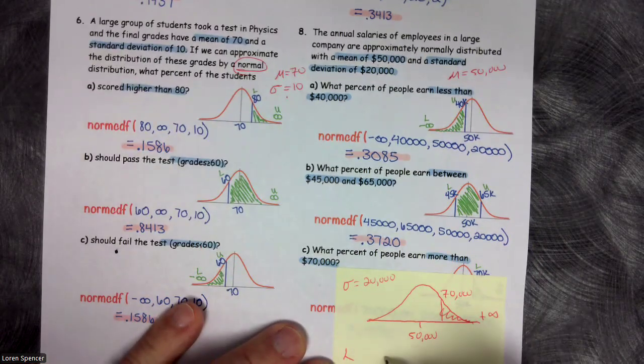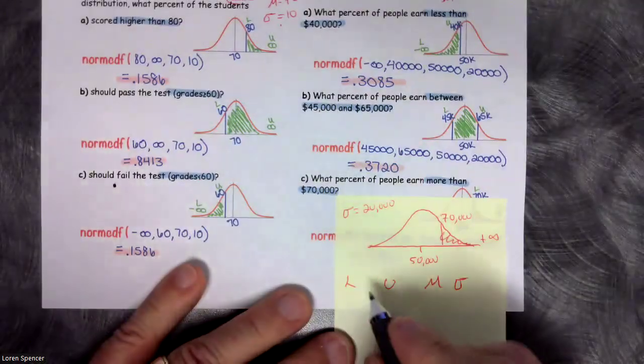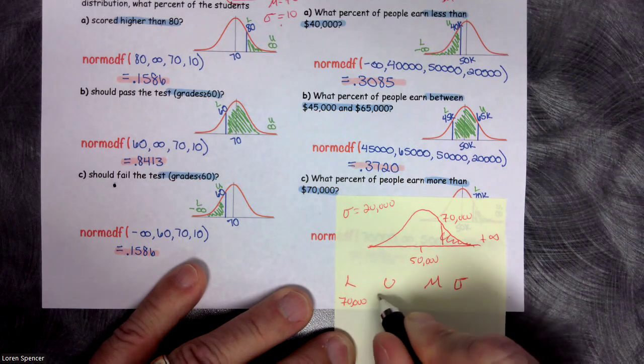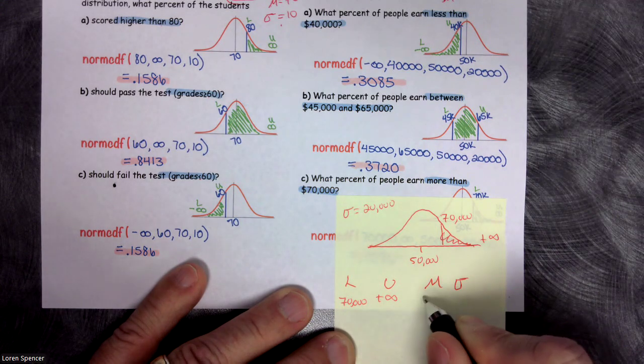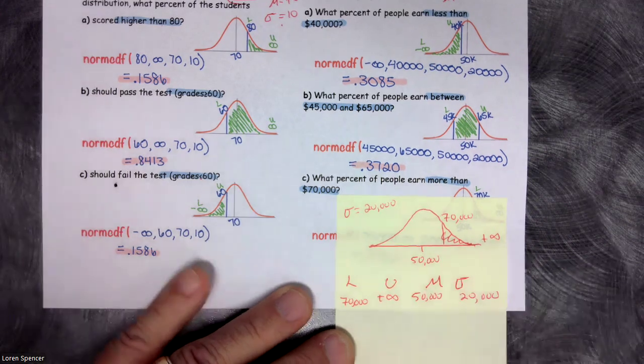So we do our LUMO: lower, upper, mean, standard deviation. My lower bound, 70,000. My upper bound, positive infinity. My mean, 50,000. And my standard deviation was 20,000.